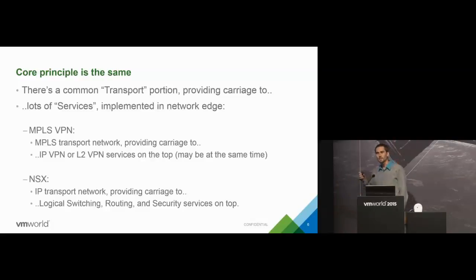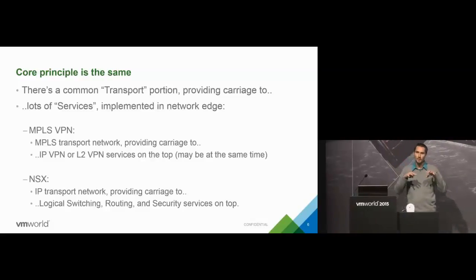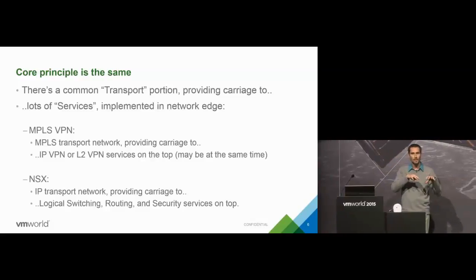An important point here is that with that separation of concern, the transport network does not need to be aware of the services that ride on top. When you have your traditional data center network with VLANs and everything, all the elements inside the data center are aware of the end application connectivity.